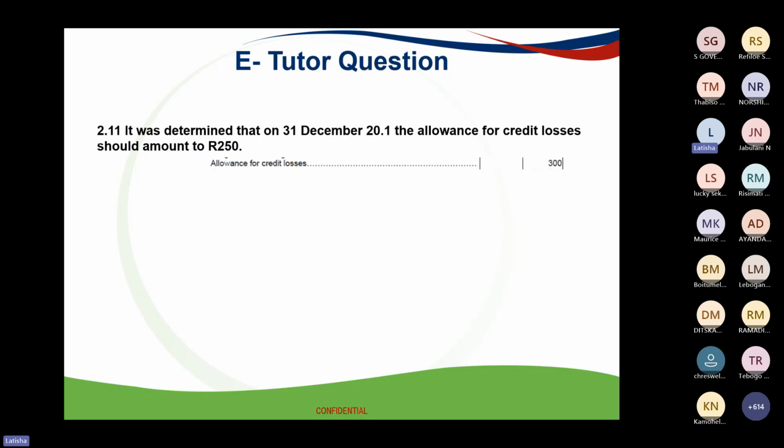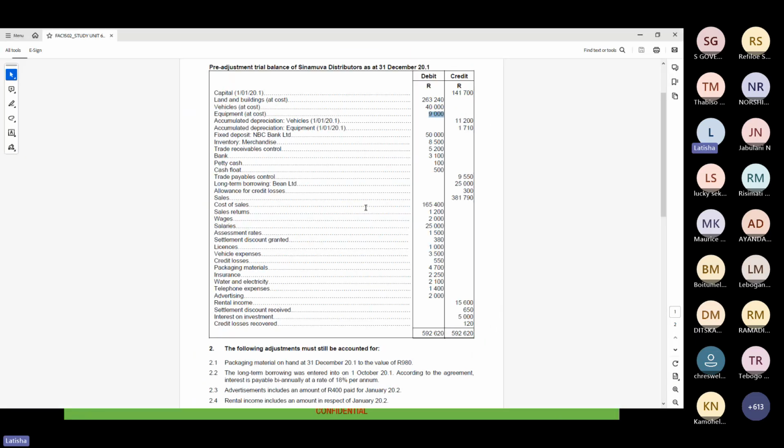And then the last one, if we go to 2.11, is it was determined that on the 31st of December, so that's our year end, the allowance for credit losses should be 250 Rand. And I just took a snippet from the pre-adjusting trial balance. I'll just show it again.